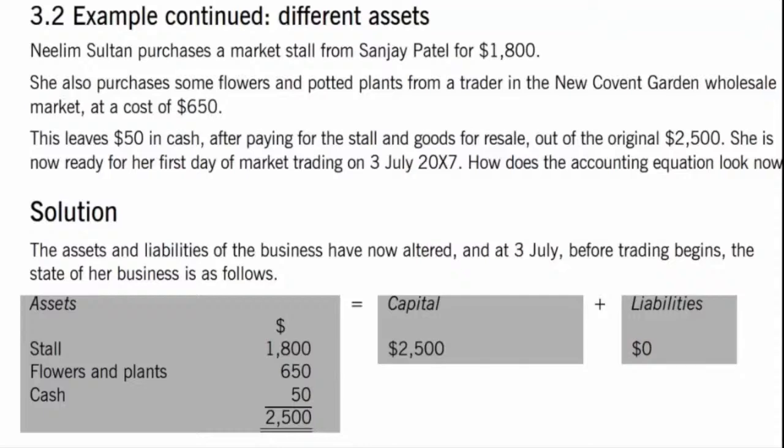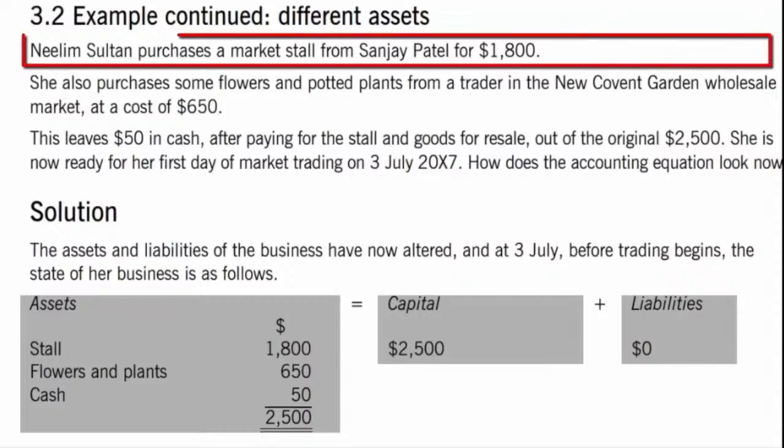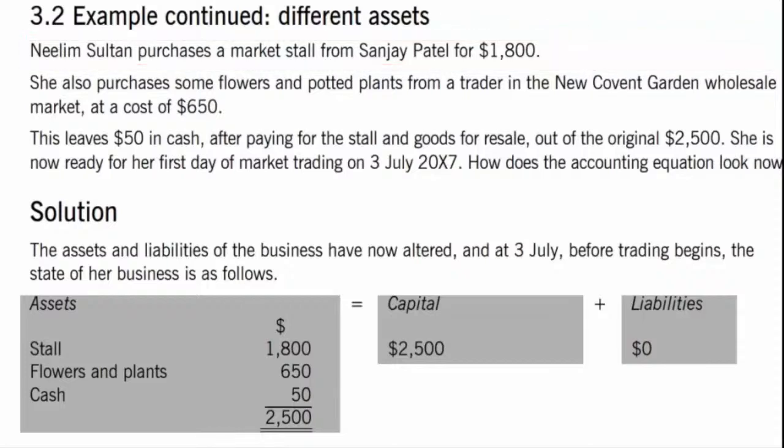3.2 Example, continued. Different assets. After investing her original capital of $2,500, Neelam makes a couple of purchases to prepare for her new flower business. 1. Purchasing a market stall. Neelam buys a market stall from Sanjay Patel for $1,800. This stall is now an asset because it's something the business owns and will use for trading. 2.